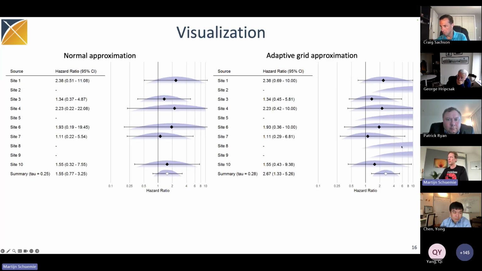In this case, all of these sites actually say that it's more likely for the hazard ratio to be higher. And so now if we integrate that information, synthesize that, we actually see that our summary estimate is very different than if we don't take into account these small counts.